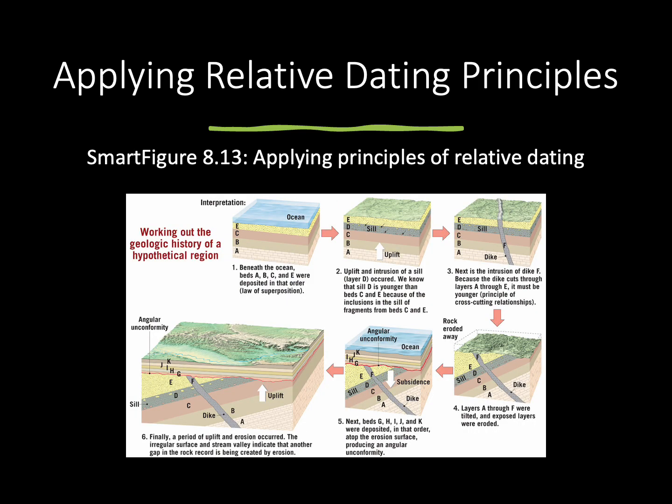For this slide, we're going to figure out the geologic history of just a made-up area by looking at those different principles of relative dating. We're going to move clockwise, starting with part 1, and then end up at number 6.